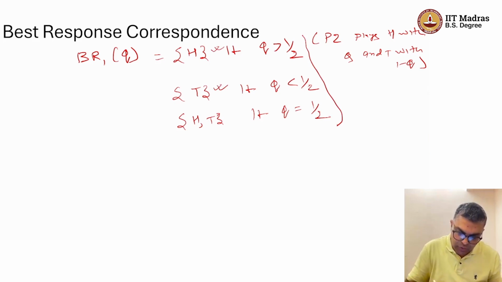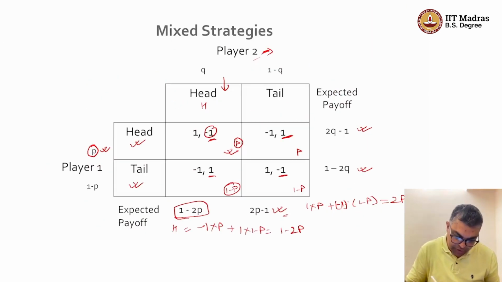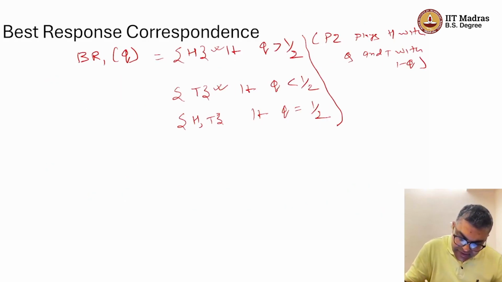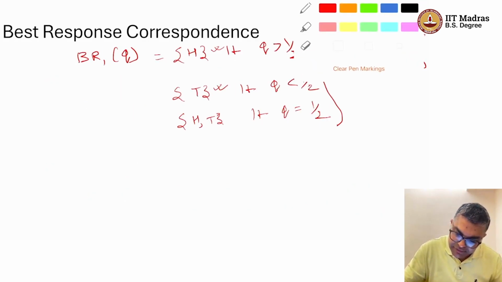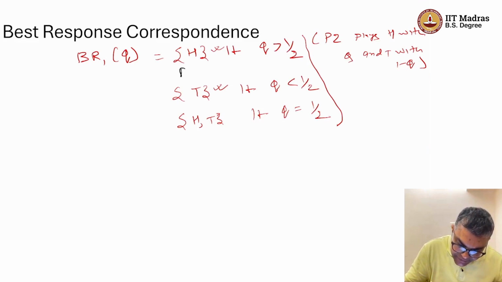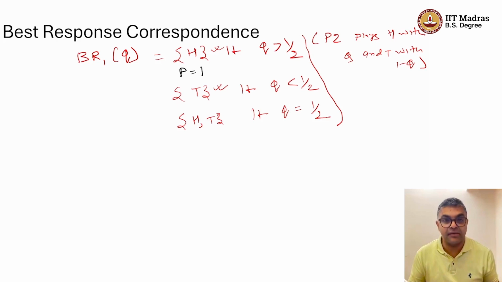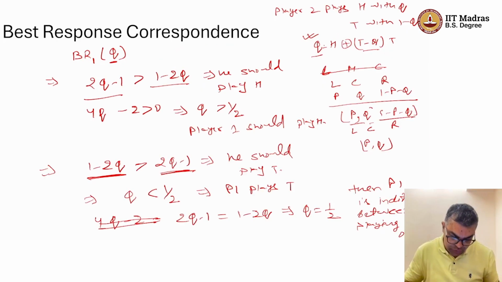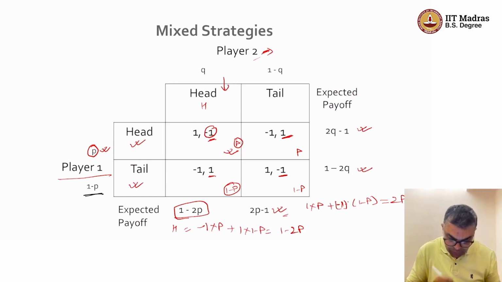So this can also be written, because we also talk about player 1 playing head with probability p. What it means is that p is equal to 1. That's what playing h means. And this is p equal to 0, because he is playing t with probability 1 minus p. So if p is 0, the probability here is 1.